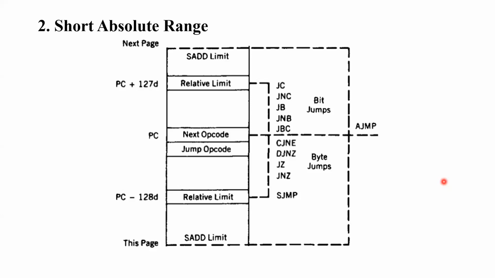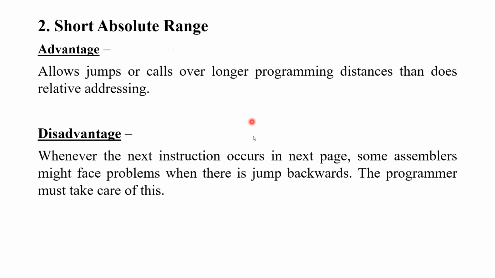To solve that, the programmer has to take care of it. It means we can have much longer programs within 2 kilobytes, so we can have the jump instructions there.